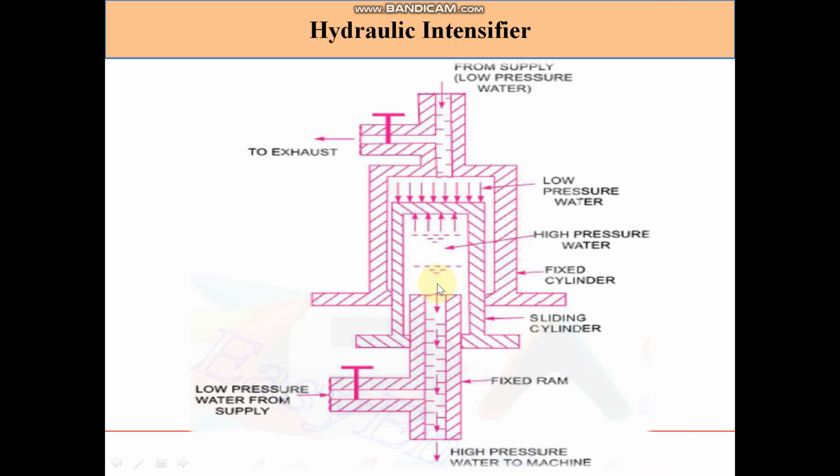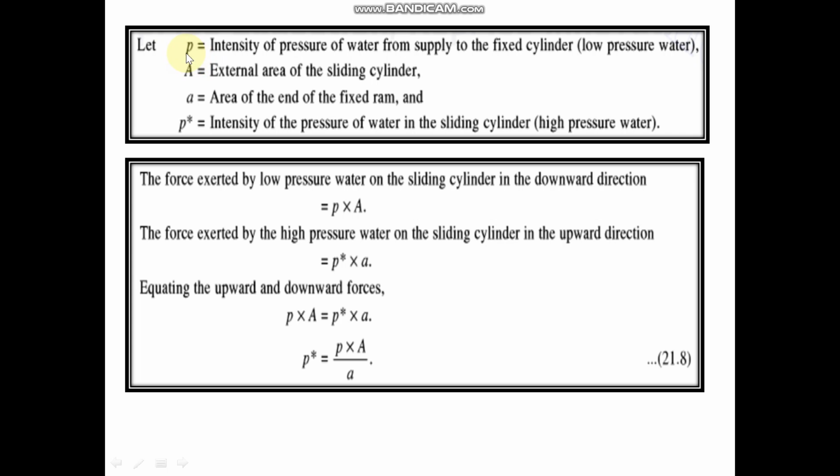Now let's see the equation for the intensity of pressure of the water which is supplied from the system. As discussed, P is the intensity of pressure of water from supply to the fixed cylinder, or low pressure water. A is the external area of the sliding cylinder.